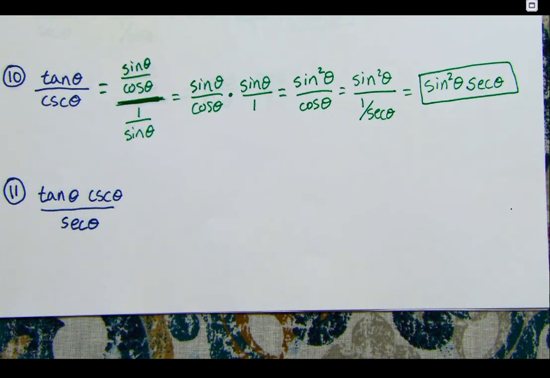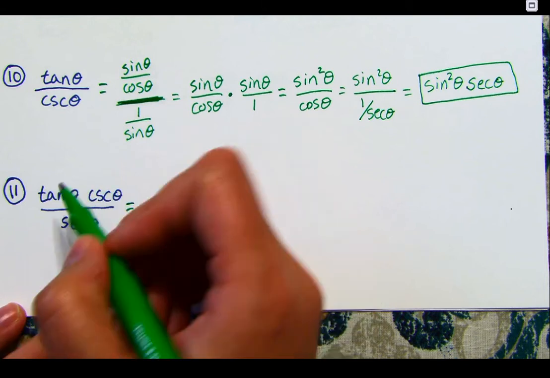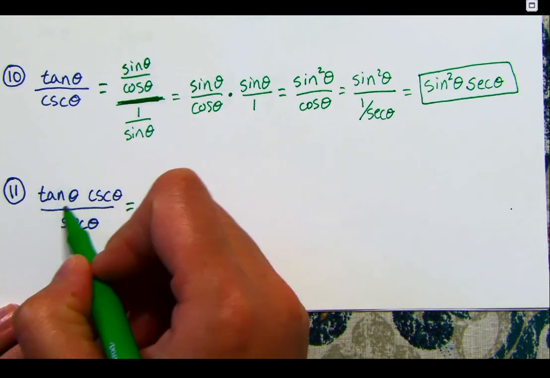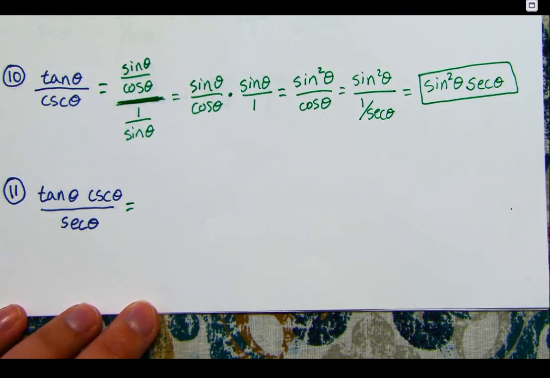All right, next problem. So we have tangent theta times cosecant theta all over secant theta. So I'm going to start by just trying to simplify the numerator. To do that, I'm going to use the quotient identity for tangent. And I want you guys to notice how for tangent, I'm using the quotient identity more often than its reciprocal.